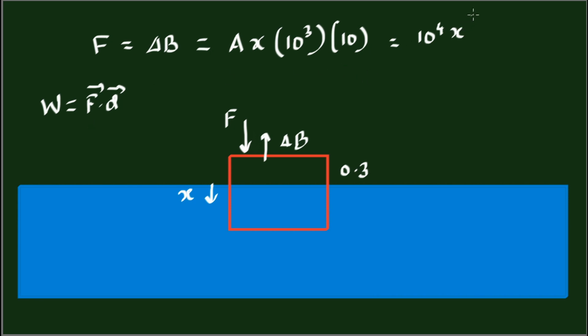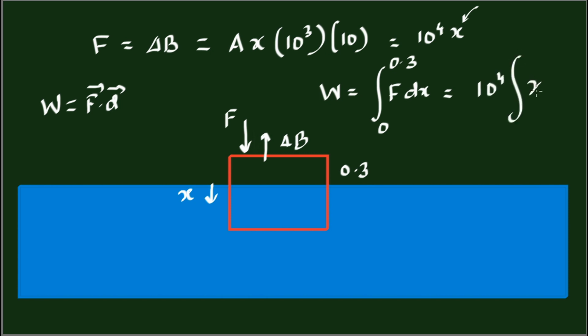When you have a force that is changing, as x increases the force is increasing, you have to integrate. So you have to use work done is equal to the integral of F dot dl, which in this one-dimensional case simply becomes F dx, from x going from 0 to 0.3. And that is equal to 10 power 4 comes outside the integral, x dx, 0 to 0.3.